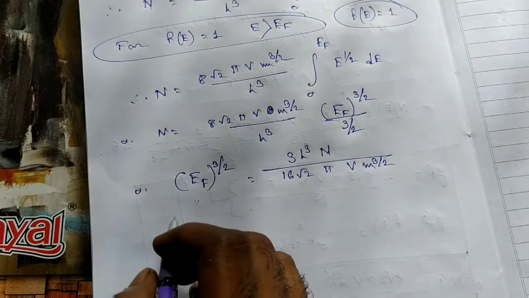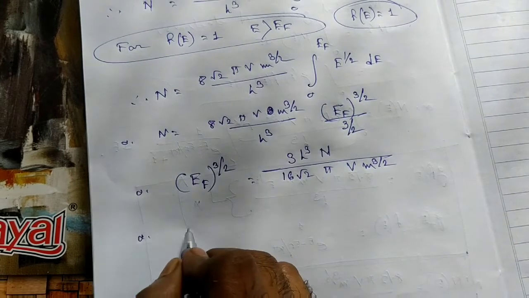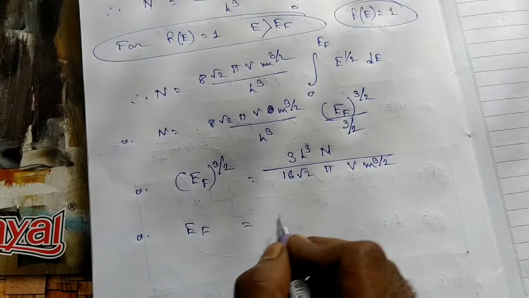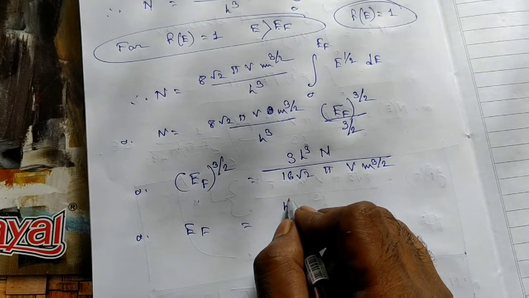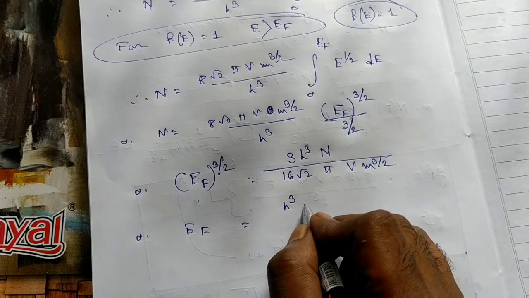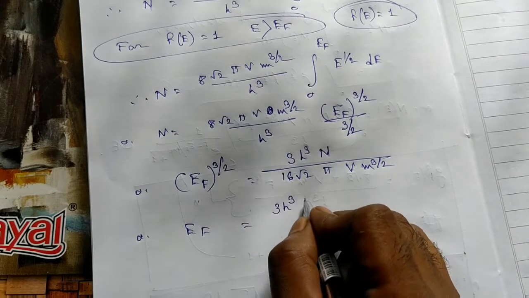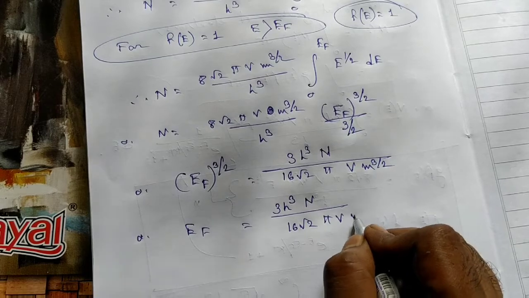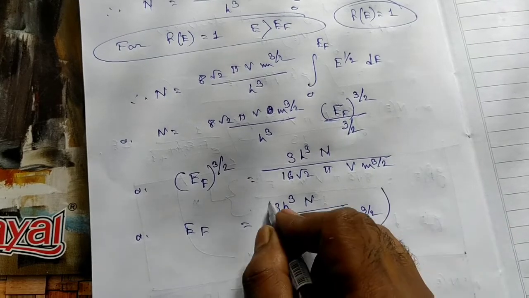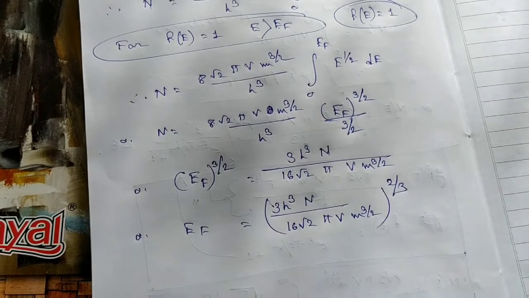Just cross multiply each of the equations. So EF is equal to 3 h cube n by 16 root 2 pi V m to the power 3 by 2, whole to the power 2 by 3.